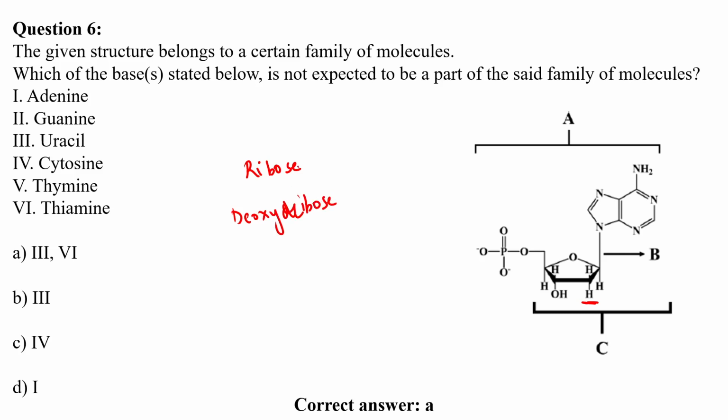Ribose was part of RNA and deoxyribose was part of DNA. If there was an OH here, it would have been a ribose sugar. Since this O is not there, this is a deoxyribose sugar.